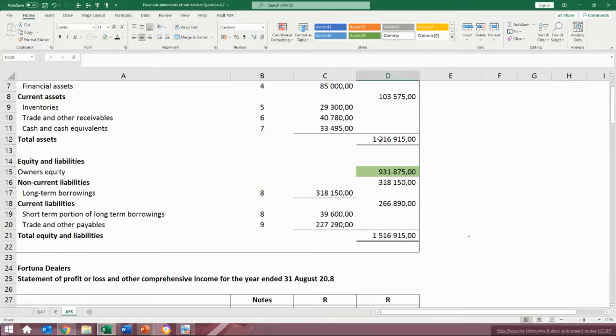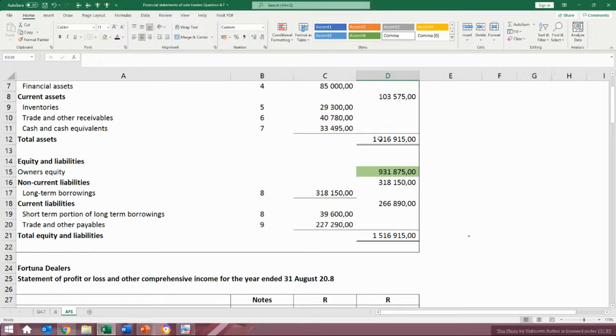Now, another trick we generally do, if you've got a difference and you divide that amount by 9 and it gives you a full amount, it means you've made what we call a transposition error. It means instead of typing 76, you potentially typed 67. Then you also know what you need to look out for.